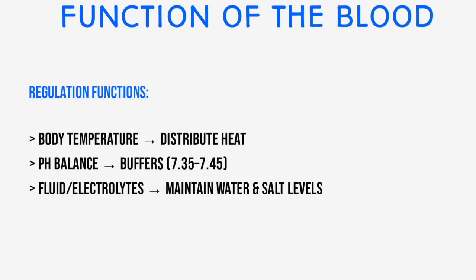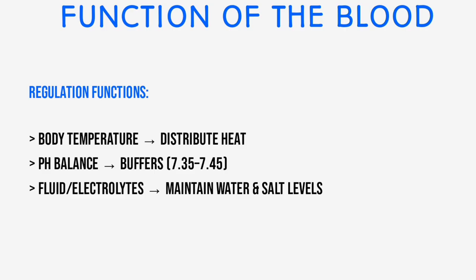Then number two is regulation. Blood also plays a vital role in keeping the body's internal environment stable. It helps regulate A, the body temperature by distributing heat and adjusting blood flow to the skin. B, pH balance through buffers like bicarbonate ions, which I've talked about before, that keeps the blood at a pH of 7.35 to 7.45.